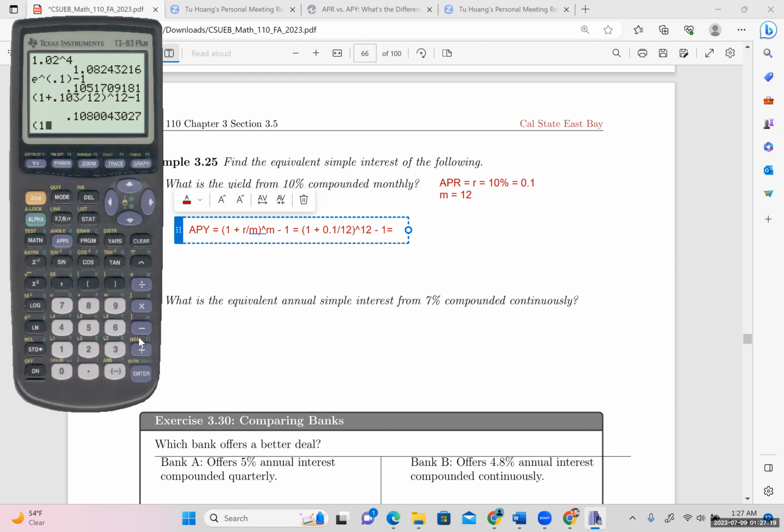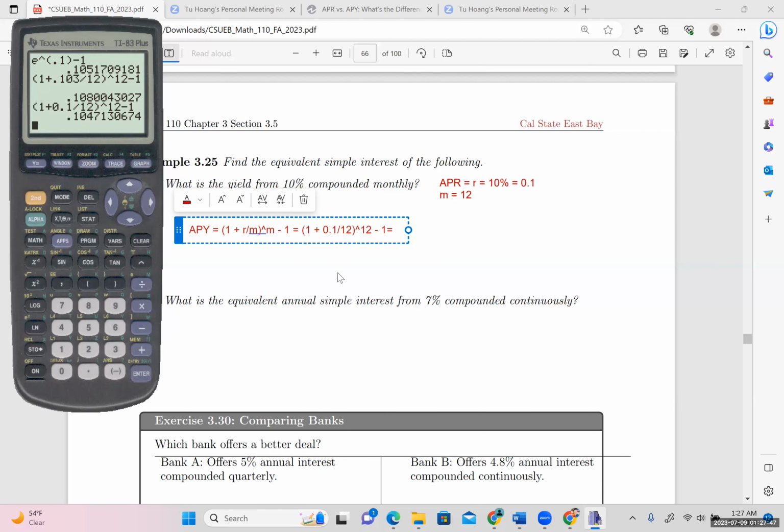Parentheses, 1 plus 0.1 divided by 12, and then close parentheses, raised to power 12. And then minus 1 outside there. Make sure this is a minus. All right, enter.